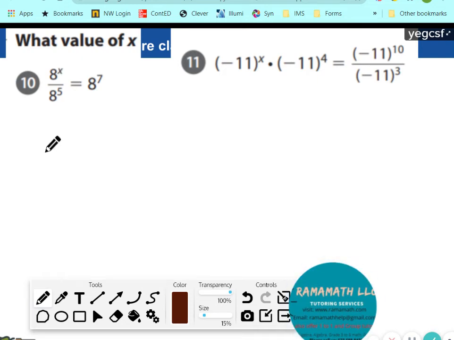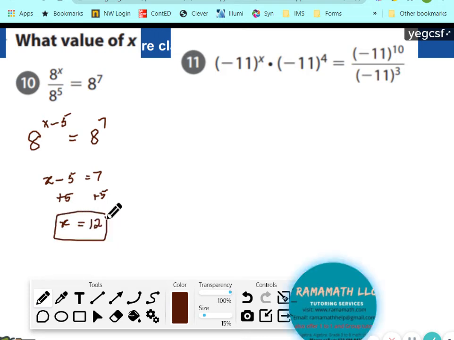You got it. Or if I want to show you the work, I keep the base and write x minus 5, which is 8 to the 7. I know x minus 5 is 7. Or you can do it just like a little math. So x equals 12. Or simply you can say, what number minus 5 gives you 7?